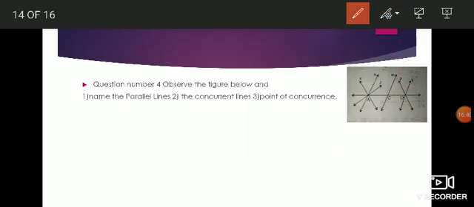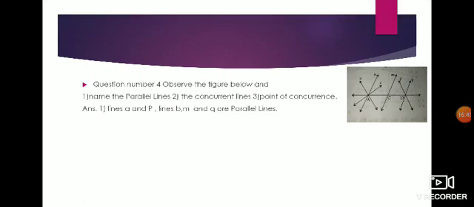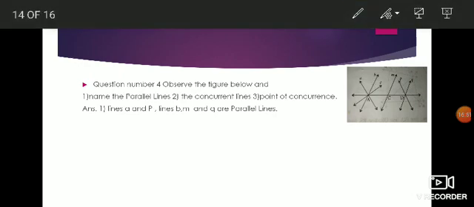Okay students, we'll see whether our answer is correct or not. Yeah, our answer is correct. Now what is the next question? The concurrent lines. Concurrent means what? Just now I told you, when two or more lines pass through the same point, they are called concurrent lines.